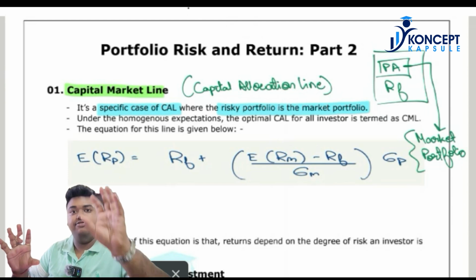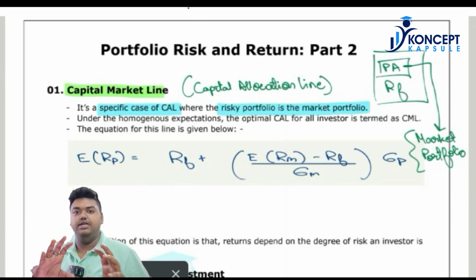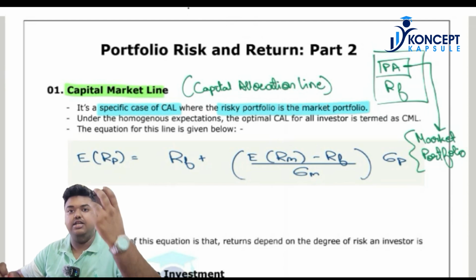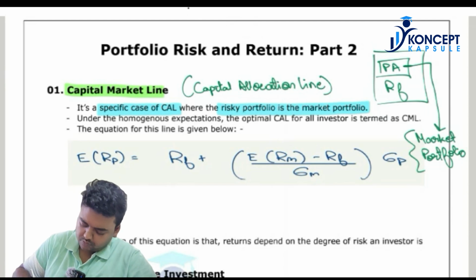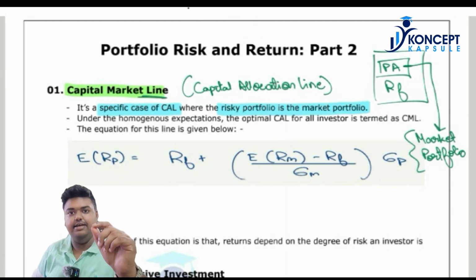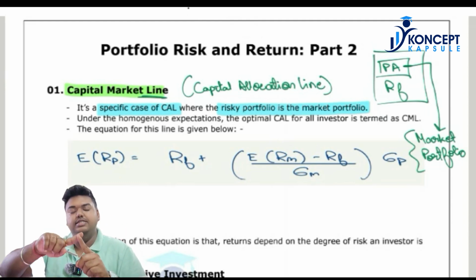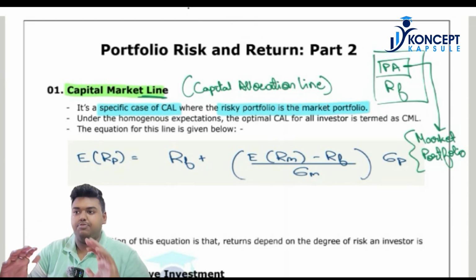If the market has 50,000 stocks, then we will assume that this portfolio has 50,000 stocks. That is why we are saying an imaginary portfolio. So capital market line is nothing but a capital allocation line. The only thing is that the risky portfolio is now replaced with a market portfolio.